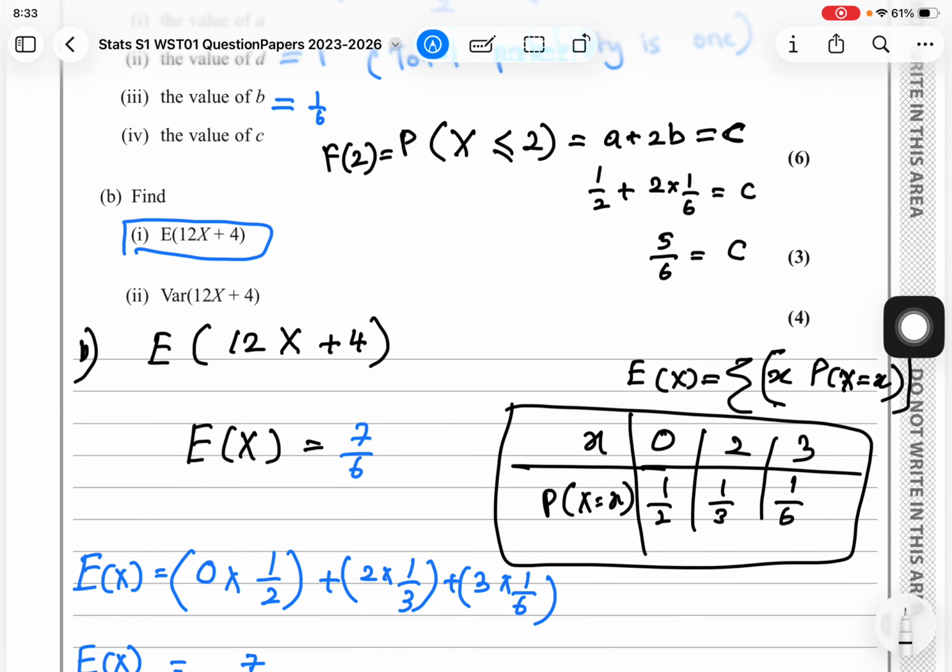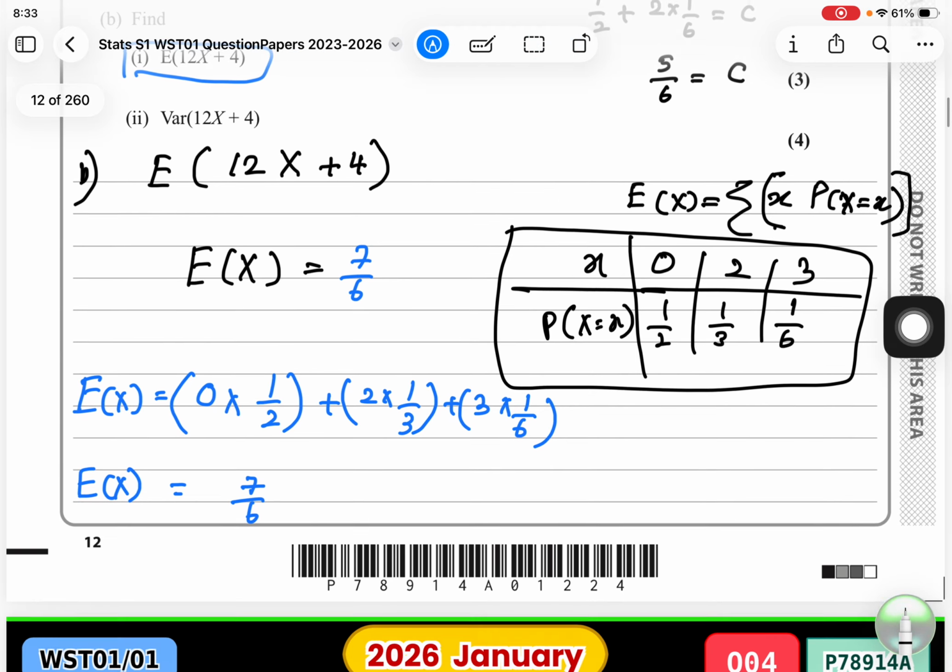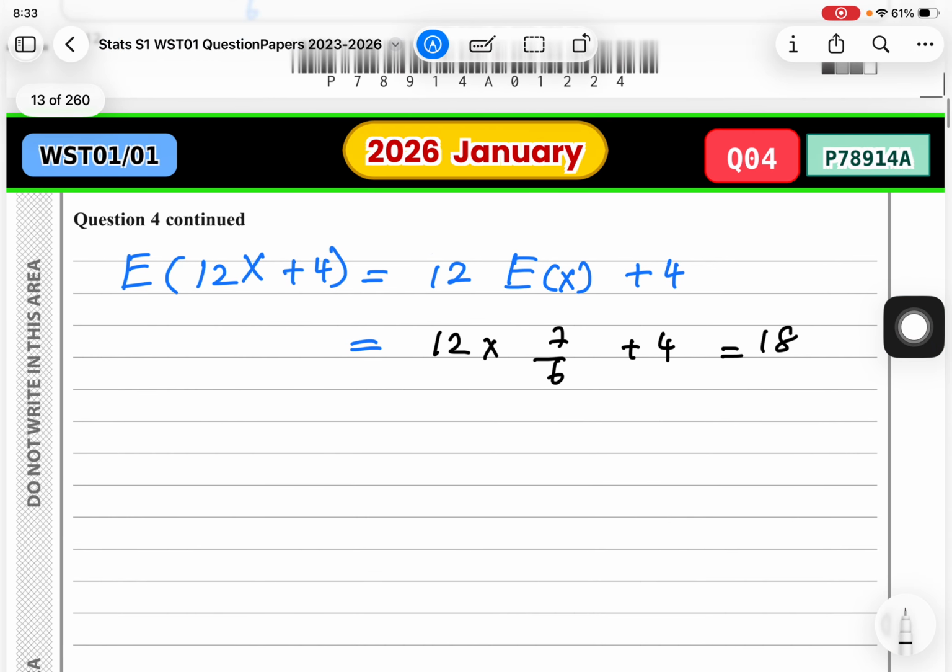Then they are talking about the variance. Before we find the variance of this, we first have to find the variance of the other one. The plus 4 doesn't really come into the variance equation. The 12 comes to the front, but squared, so it's 12 squared times the variance of x.